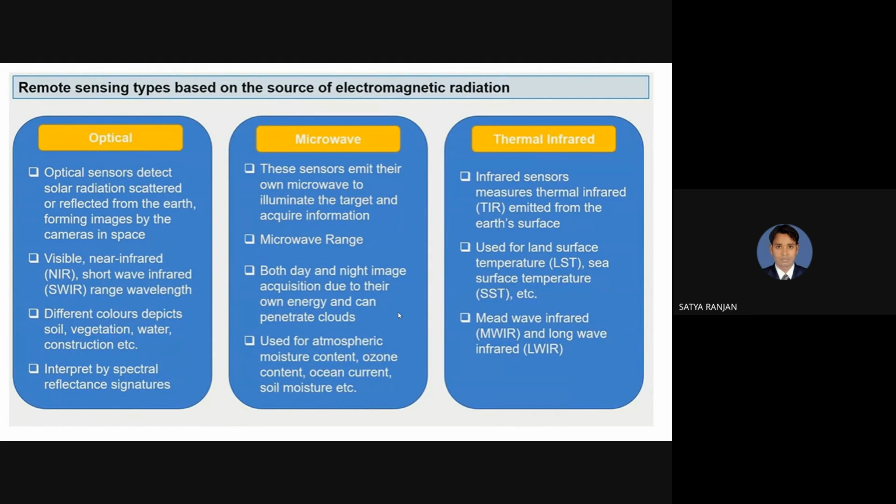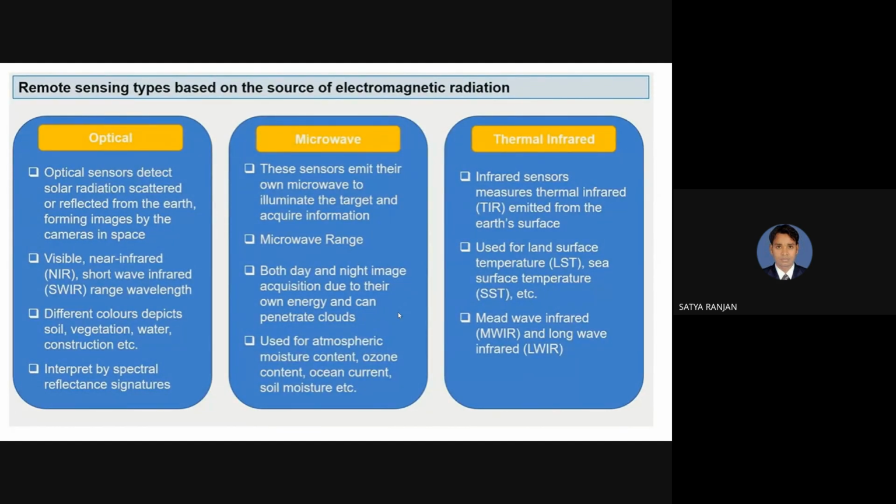Then the thermal infrared. These are infrared sensors that measure the thermal infrared emitted from the Earth's surface, used for land surface temperature, covering mid wave infrared and long wave infrared. So these infrared ranges are used for the thermal information of the temperature of the earth's surface or water bodies, using the different Landsat thermal bands.